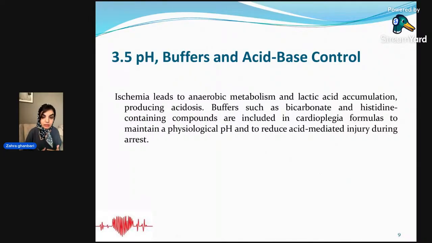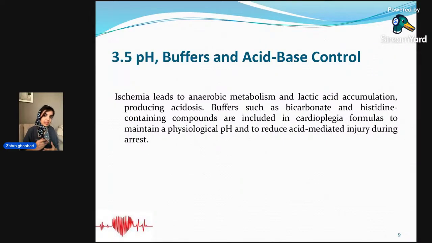After that, look at the PCO2, or the pressure of carbon dioxide in the blood. The normal range is 35 to 45. More than this means the patient faces respiratory acidosis, and less than this means respiratory alkalosis.